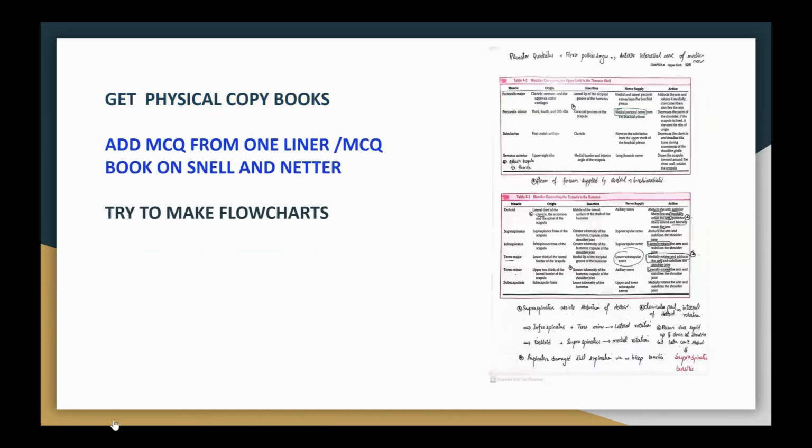For example, this is a table from the upper limb. What I used to do is that I did it from Snell, and once I was done with this section, I did the one-liners or the MCQ book. When I had done the one-liners, I tried to arrange the MCQs related to the knowledge present in Snell.